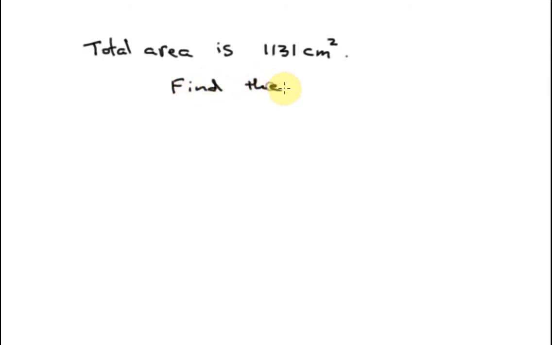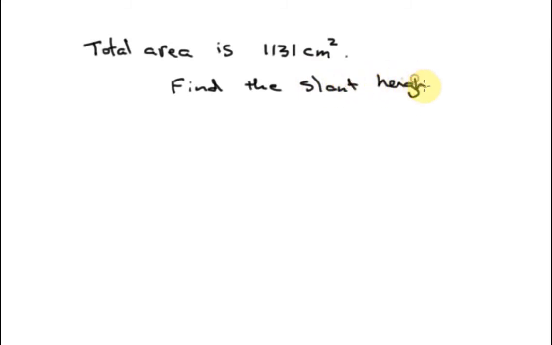Okay, so in this example, we might be told the total area. Total area of a cone is 1,131 square centimeters. And we're asked to find the slant height. So find the slant height.